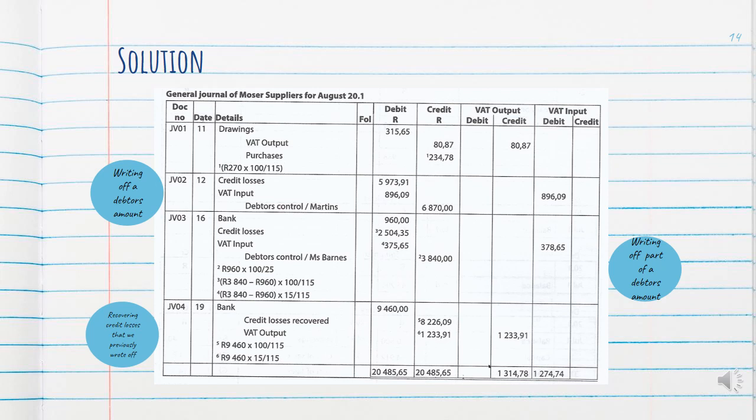But now, because they can't pay us that full amount anymore, and we have to write off that transaction, that sale that we recorded when Martin's bought the 50 chairs, we have to counteract the VAT output that we recorded with the sale with a VAT input with credit losses. I hope that makes sense to you. If not, it is all perfectly put out on the slide for you, how you account for credit losses with VAT.